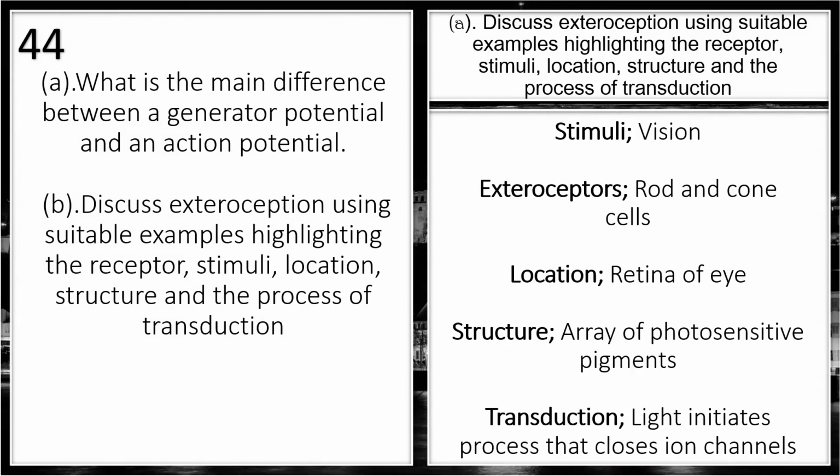Another exteroception stimuli is vision. Exteroceptor, we have the rods and the cone cells. Location, retina of the eye. The structure, array of photosensitive pigments. Transduction, light initiates the process that closes ion channels.